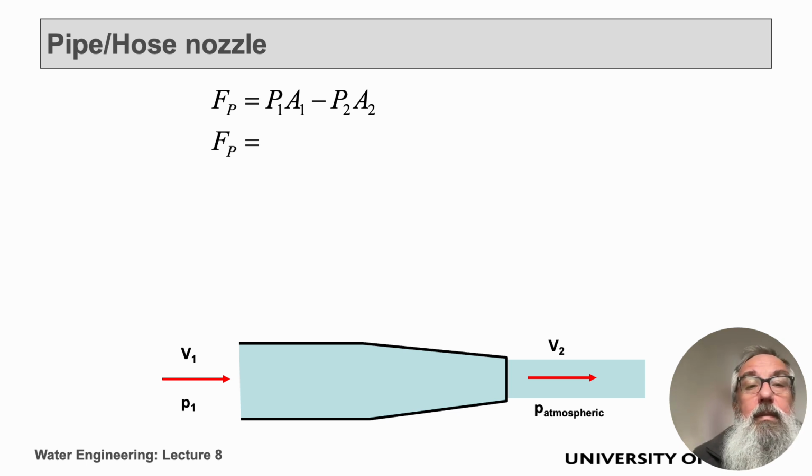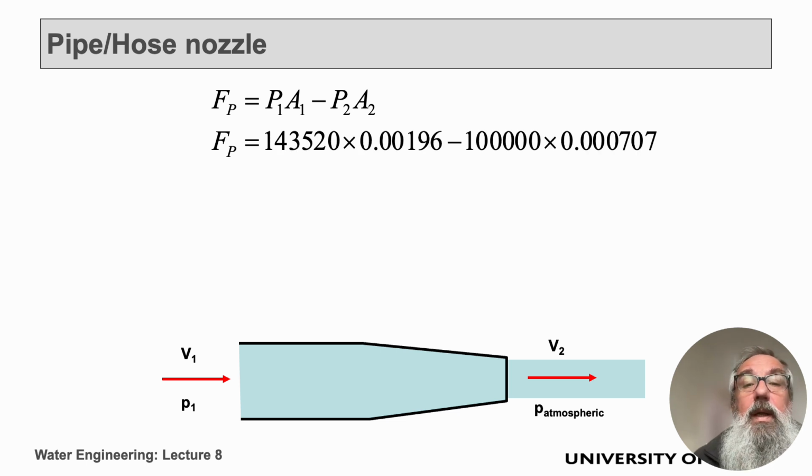Right, we now need to work out the force. Now, the force due to the pressure is P1A1 minus P2A2. Simple calculation. Comes out to be 210 newtons.